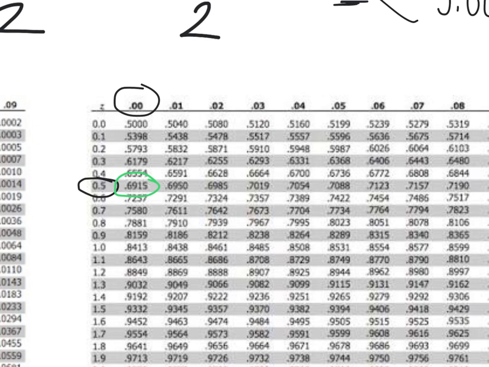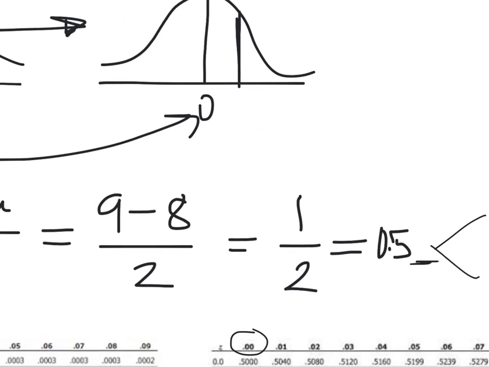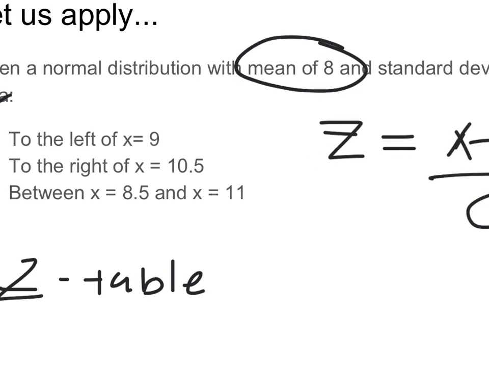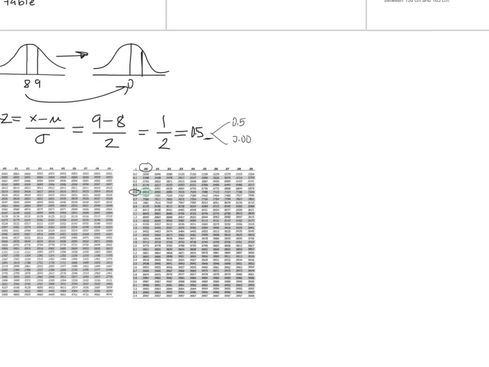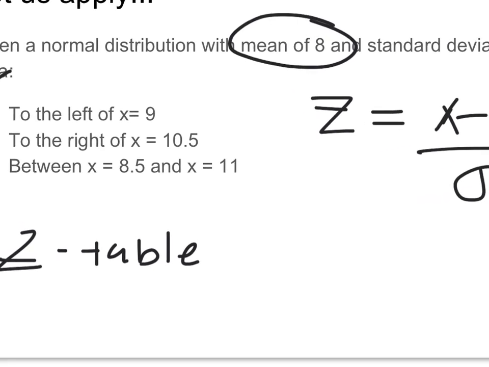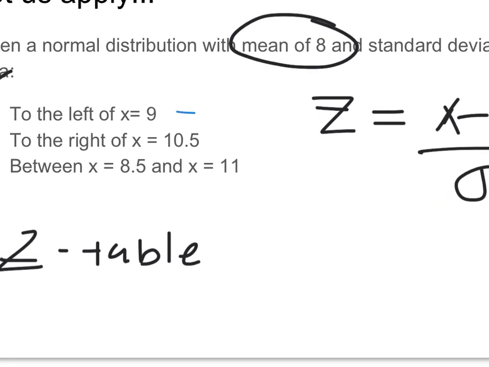This is the area to the left of a z-score, so we are done with the first question. The area to the left of x equals 9 is, based on the table, 0.6915, or in percent, 69.15%.